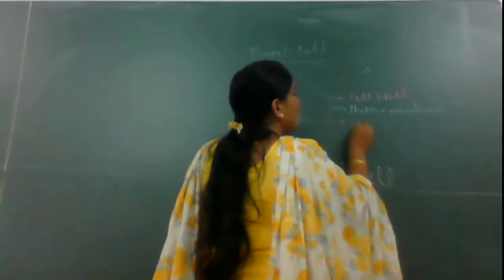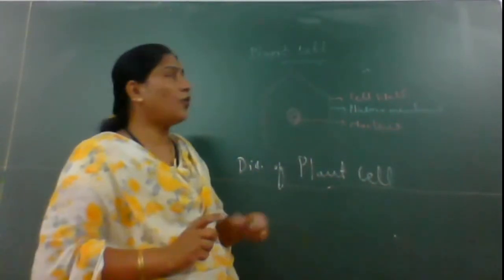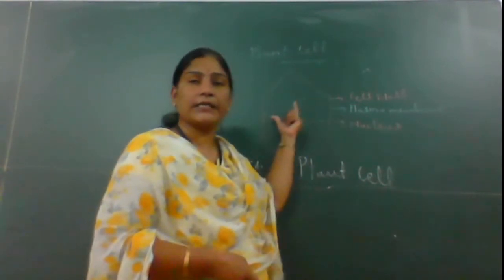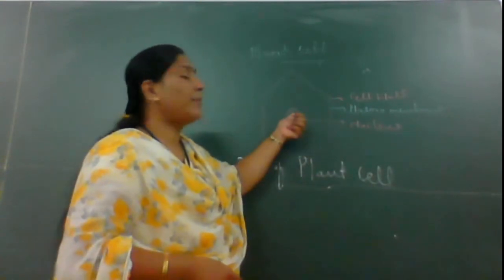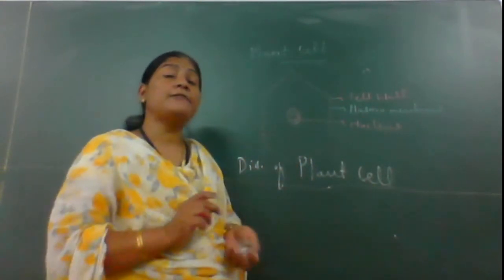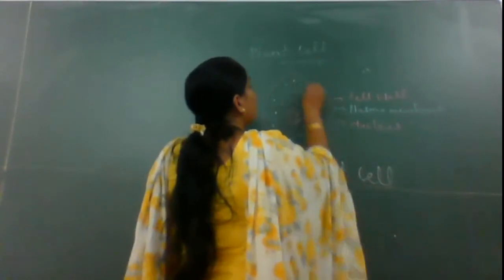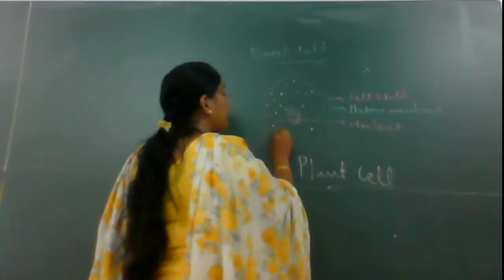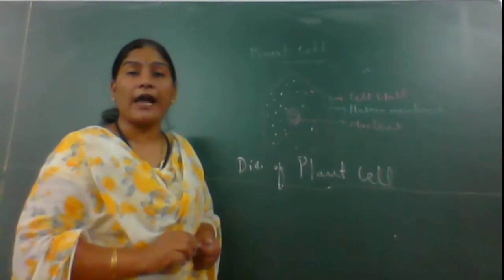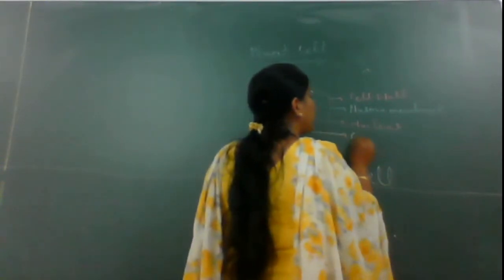This central part controls all the activities of the cell. From the plasma membrane to the nucleus there is a fluid-like or jelly-like matter, which we call the cytoplasmic matrix.